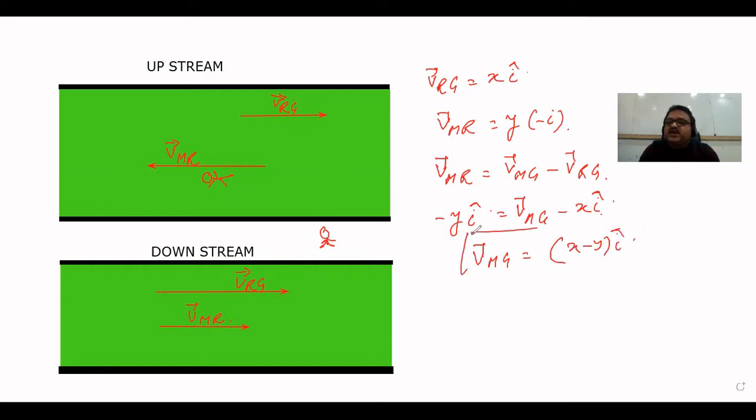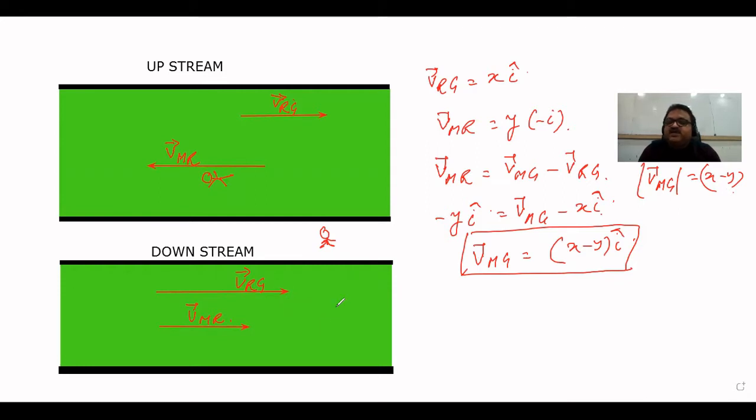So this is the technique, correct? In case the man is struggling to move against the flow of the river, which is also called upstream, the magnitude of the velocity of the man with respect to the ground is equal to x minus y. Okay, x minus y. Clear? So this is the first one, x minus y.